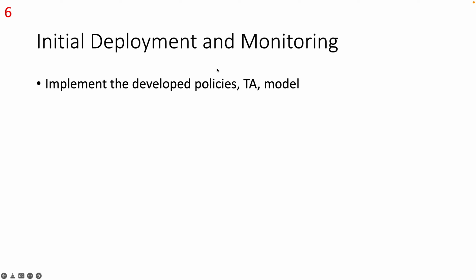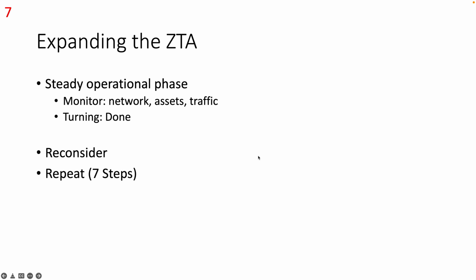The key in this step is to make sure there is a working network, there is a backup. When enough confidence is gained and the workflow policy set is refined, the new zero trust architecture enters the steady operational phase.